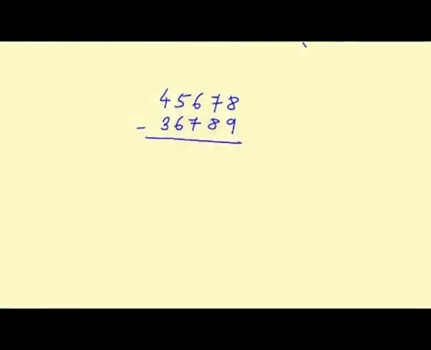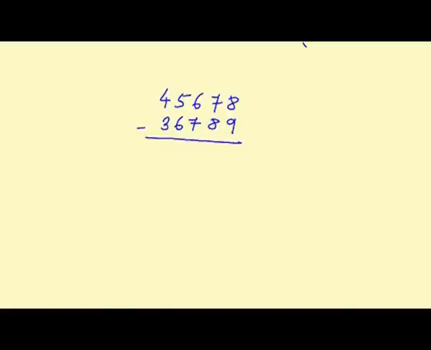This Nikhilam Sutra applies to complex subtractions only. You see, each subtraction is actually a combination of small individual subtractions. Like in our example, we have 4, 5, 6, 7, 8 minus 3, 6, 7, 8, 9.